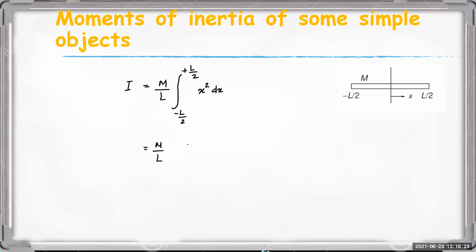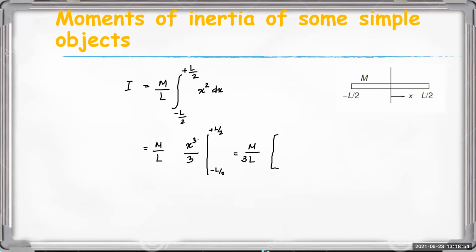Integral x square dx is equal to x cube divided by 3 in the limit minus L by 2 to plus L by 2. Here the two limits have to be substituted, then m by L in bracket. I take the 3 also outside.